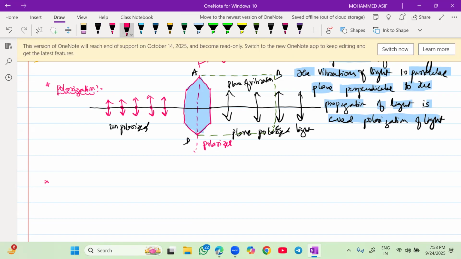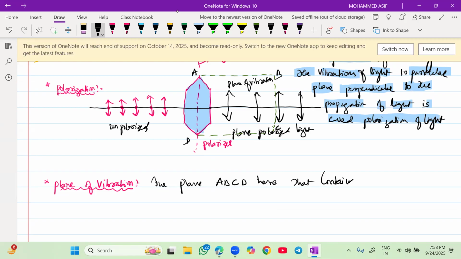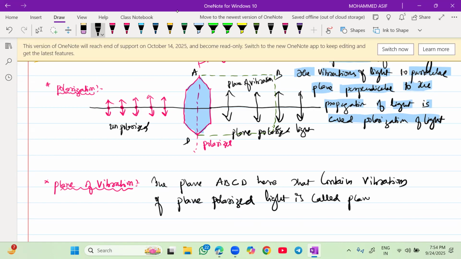Am I clear with the definition, beta? I'll write here. What do you mean by plane of vibration? What is the plane of vibration here? ABCD, the box that I am drawing. So I'll write: the plane ABCD that contains the vibrations of plane polarized light is called the plane of vibration.